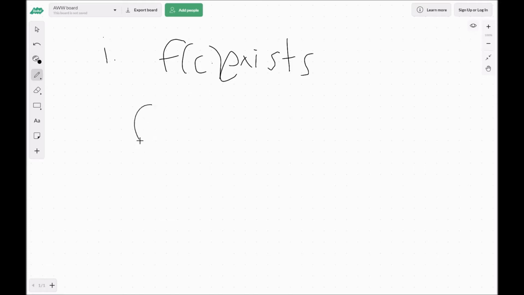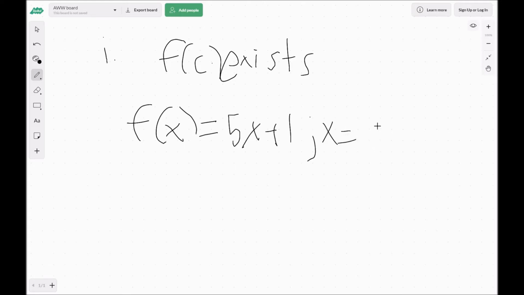So for example, you have a function f of x is equal to 5x plus 1. That's a function. So f of c is simply substituting the number that was given. For example, x is equal to 5.